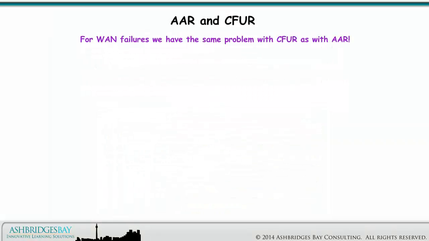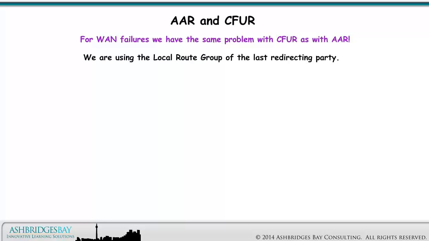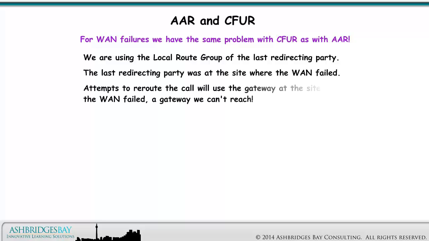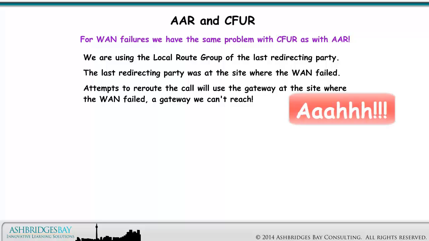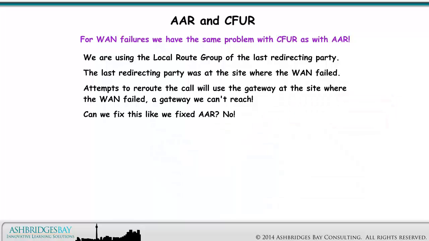For WAN failures, we have the same problem with CFUR as with AAR. We are using the local route group of the last redirecting party. The last redirecting party was at the site where the WAN failed. Attempts to reroute the call will use the gateway at the site where the WAN failed, a gateway we can't reach. Can we fix this like we fixed AAR?